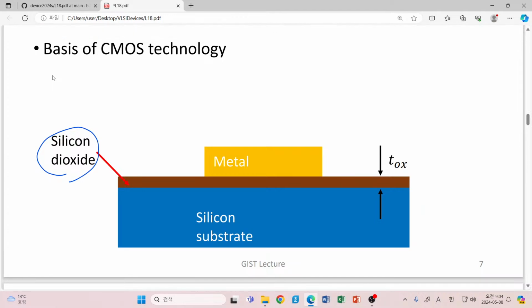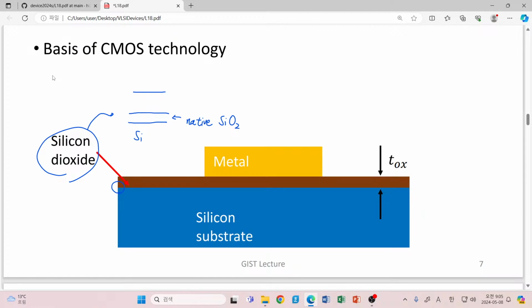Also, you know that nowadays silicon dioxide is not purely silicon dioxide. Actually, it contains a certain layered structure. For example, let me magnify this point a little bit. Here we have a silicon substrate, and here we have native silicon dioxide.